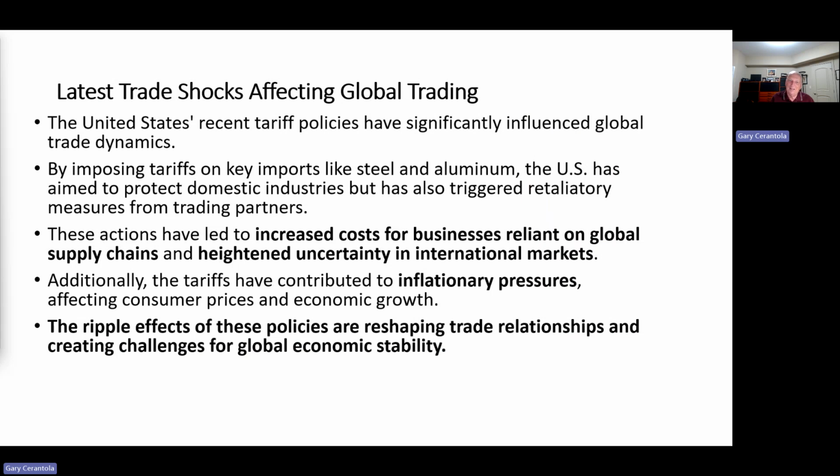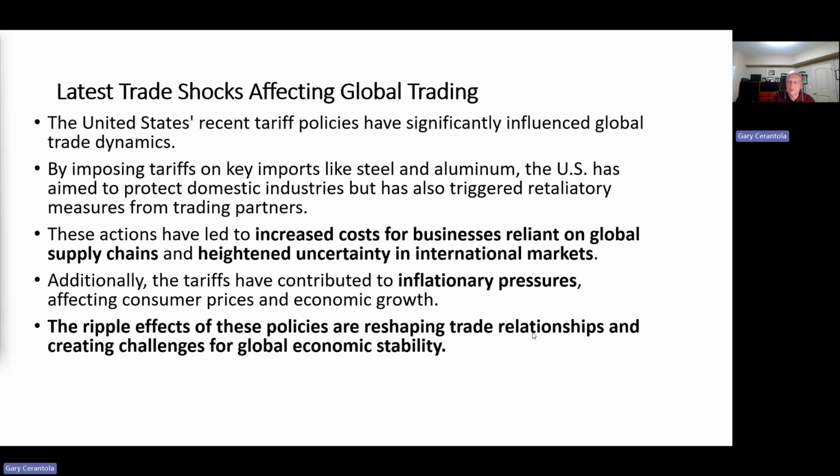And so what does that mean? It means that you should really look into different types of planning to accommodate that, and work through things. All right. The ripple effects of these policies are reshaping trade relationships, so you've got to do a lot of due diligence before you decide that, say, you're going to go into another foreign country.